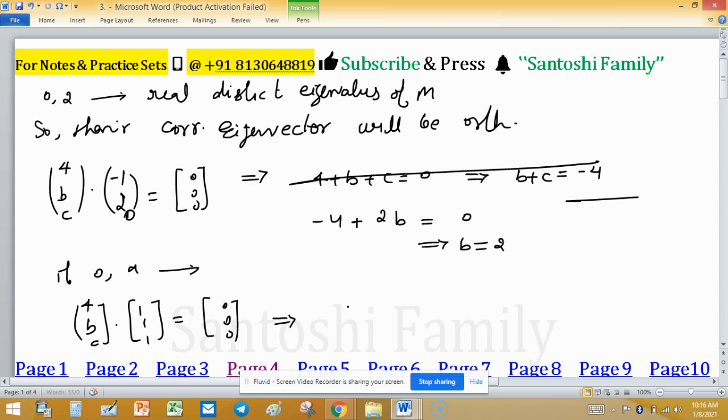This implies b plus c equals minus 4, and from the above equation, c equals minus 6. We obtain the values of b and c, but these are not eigenvalues.